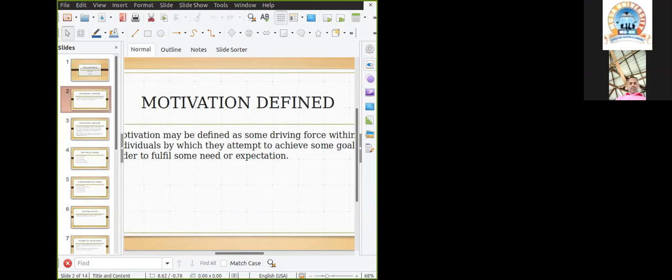Now, this is how motivation works. First of all, a person has to have an inner drive to want to do something. That's the first thing. The second thing is you have that inner drive to want to do something because you are looking at a particular goal, that when you do that particular something, you are going to achieve a particular goal.